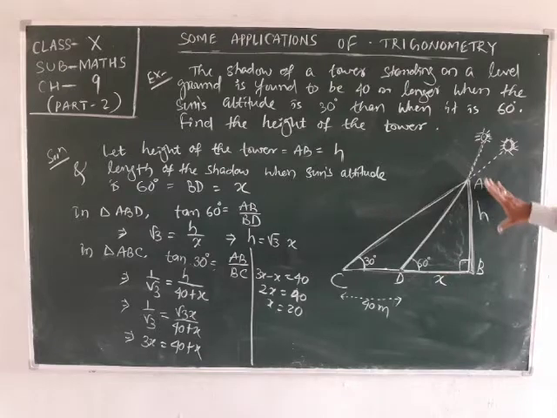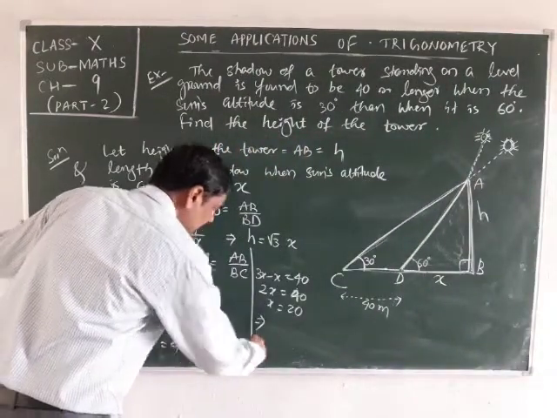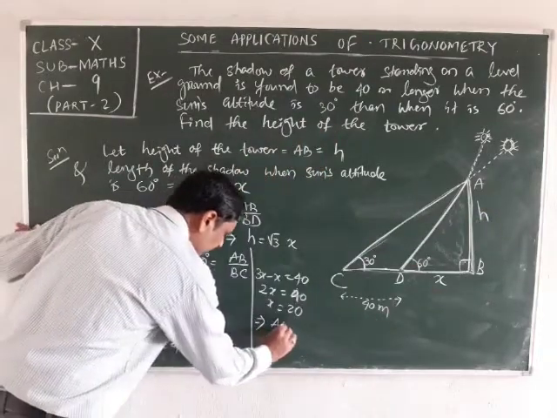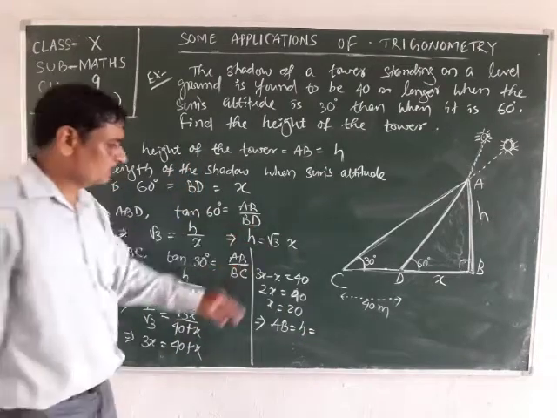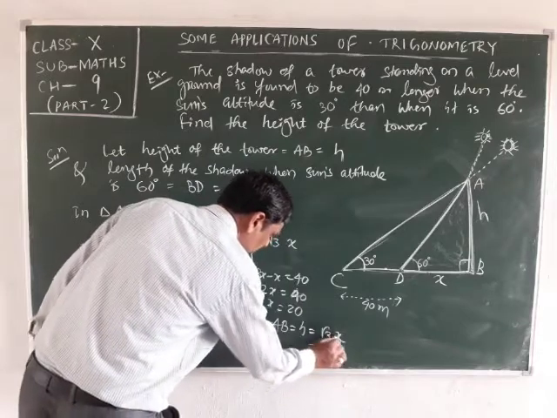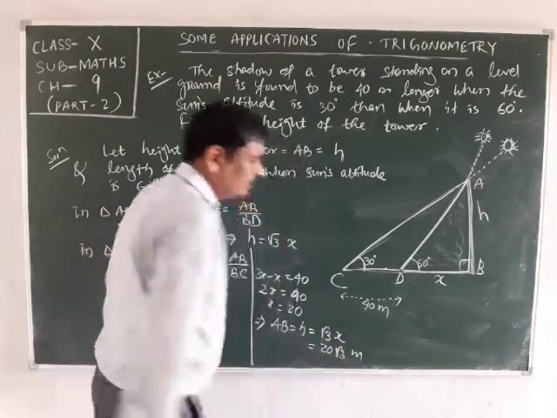But we have to find the height of the tower. This implies H, that is equal to AB. Here H is equal to root 3 x. This is equal to 20 into root 3, which is 20 root 3 meters. That is the height of the tower.